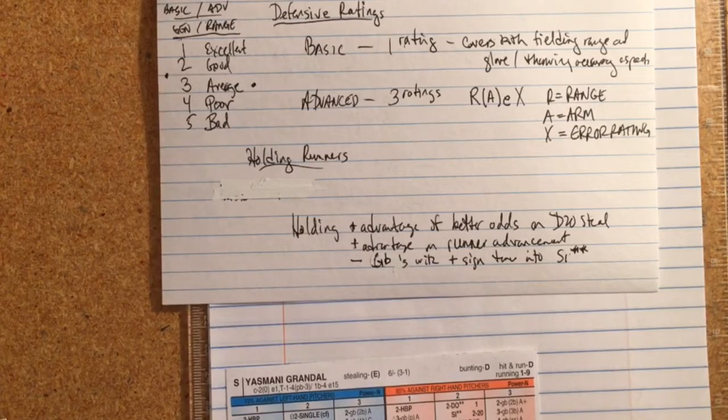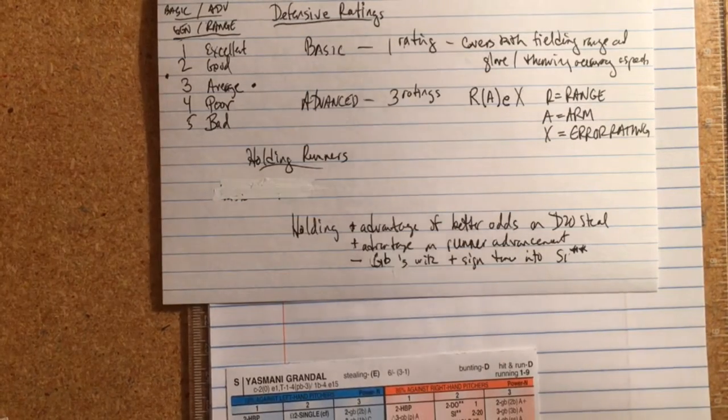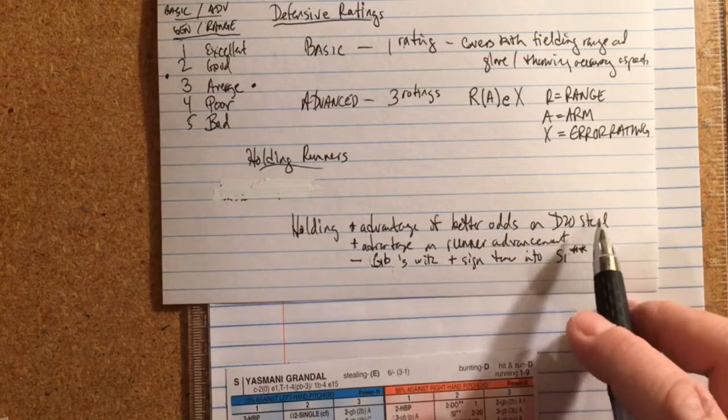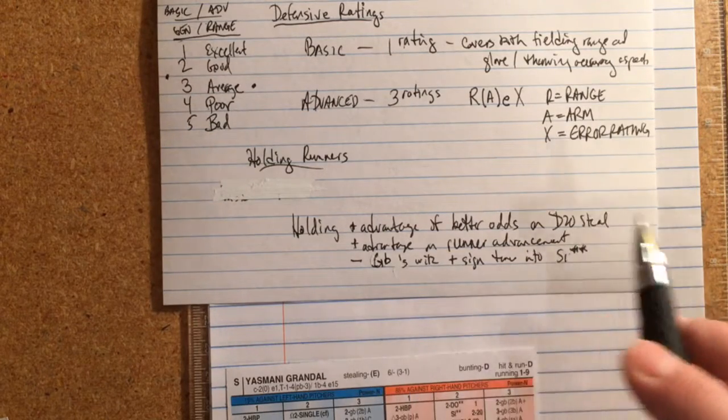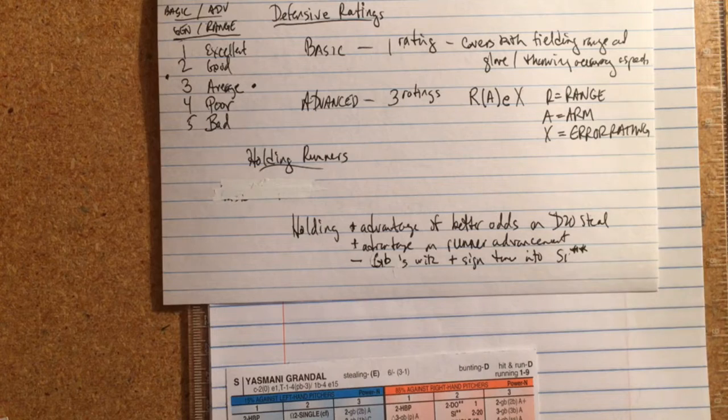What you end up having to do when you hold a runner on, what I say is better odds for the D20 steal. Maybe what I need to do is just mention that there is a modifier when you hold that brings down the steal rating. Each time there is a starting place for the stealing, and the holding brings that back some. It tempers that.